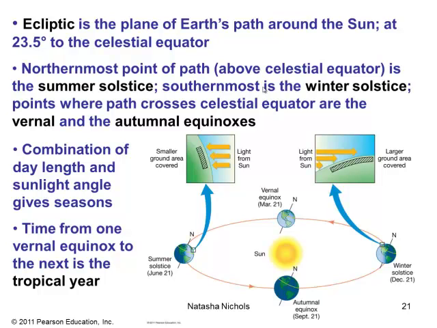Now, what is the ecliptic? The ecliptic is the plane of Earth's path around the Sun. And it is at 23.5 degrees to the celestial equator. This picture right here illustrates the seasons.